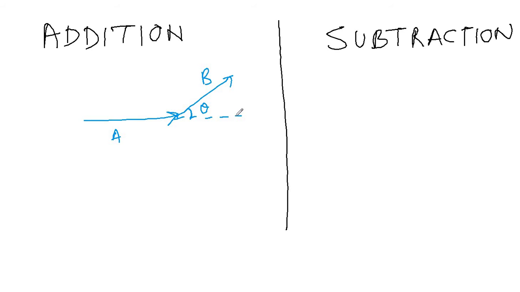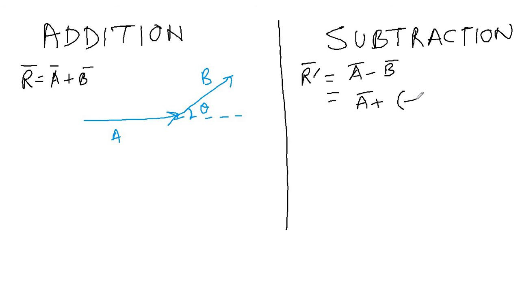So what I say is that if suppose r vector is given by a vector plus b vector, and suppose r prime vector is given by a vector minus b vector, then this is nothing but equal to a vector plus negative of b vector.